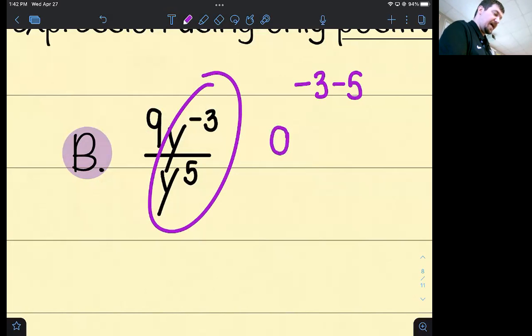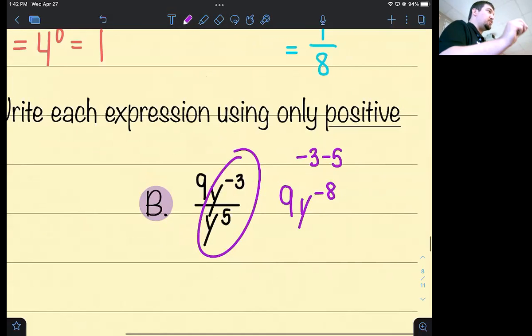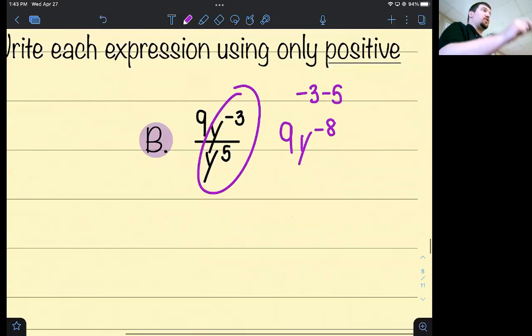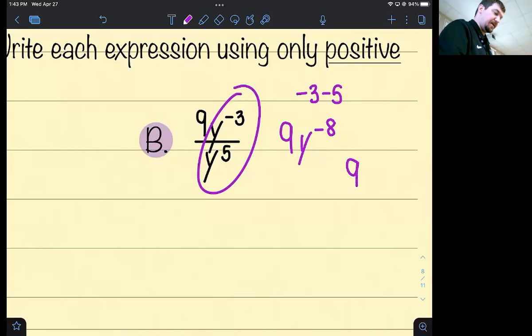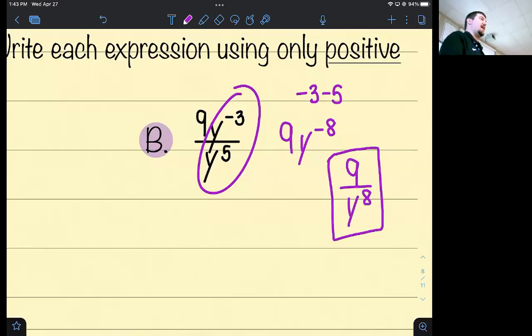So this becomes 9y to the -8. But because it says only use positive exponents, I can't leave it as y to the -8. I would then change y to the -8 to 1 over y to the 8. Of course, if there's just a 1, then that 9 is the only thing that remains there on top. The y to the 8th drops to the bottom, and that would be my answer.